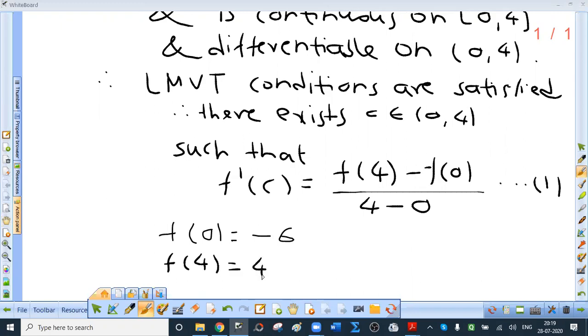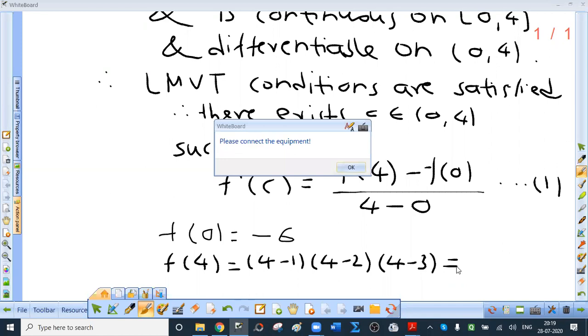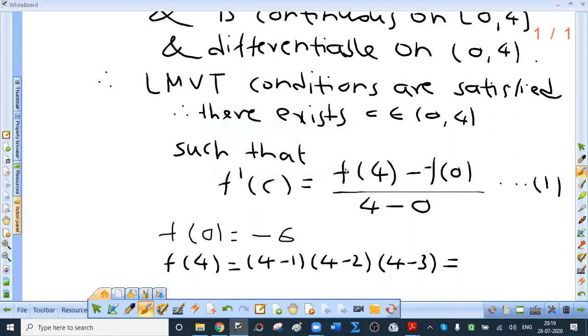You can put it here, so you get the answer easily. x minus 1, so 4 minus 1, why put that in expansion? Then into 4 minus 2 into 4 minus 3, because the x cube part is the expansion of this only. So you will notice that this comes out to be 6.